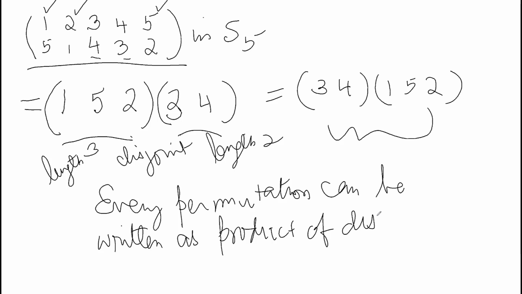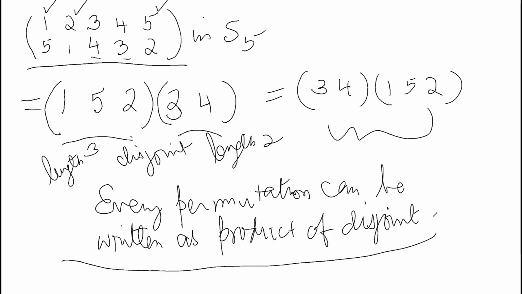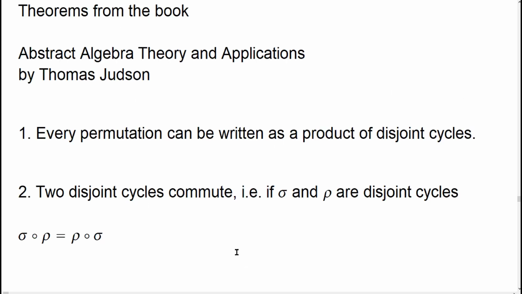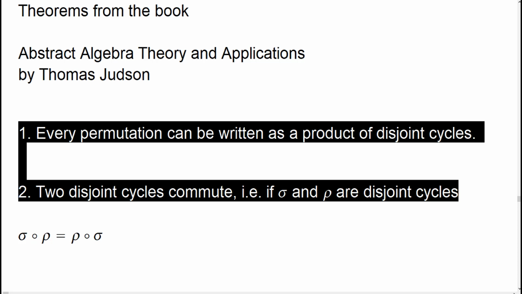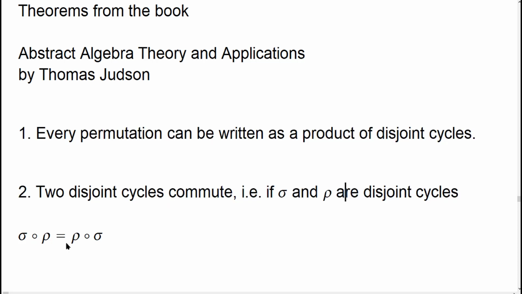The result is proved in the book. I'm not going to go over the proof again because we have already exhausted a lot of time, and we just need to do a few more things. So here are 2 theorems that we have used so far: any permutation can be written as a product of disjoint cycles, and 2 disjoint cycles commute. That is, if we interchange their places, the outcome will be the same.